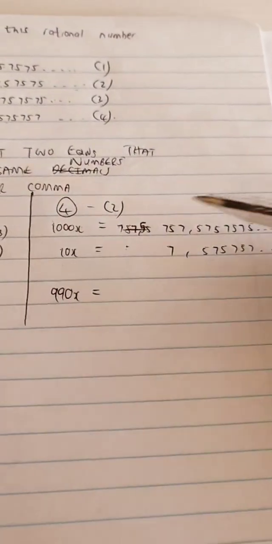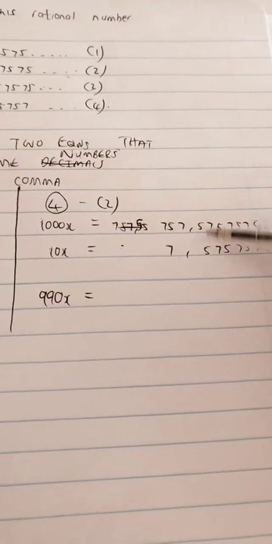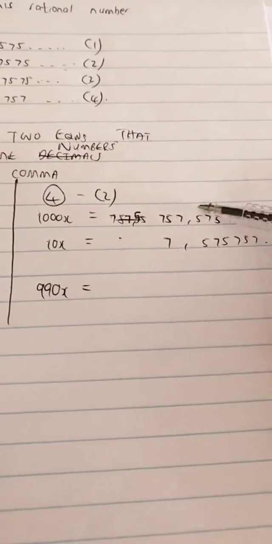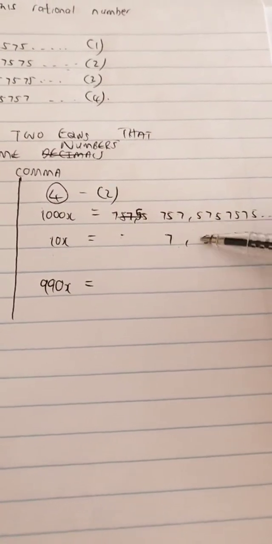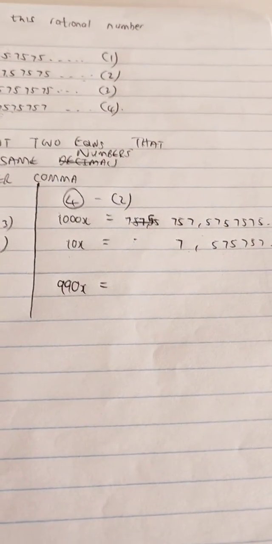Okay, we go to the right hand side. 757 minus 7. Remember, this 5757 will all fall away because 5 minus 5 is 0. This will basically lead us to no decimals, which is what we want because we want integers.